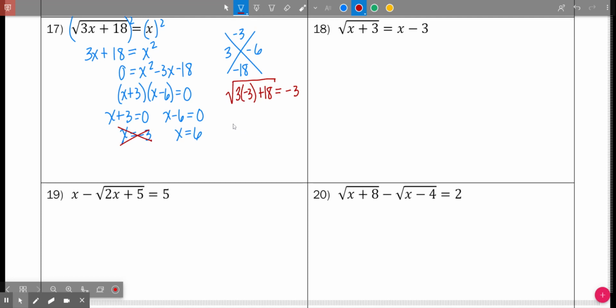And when we check the second one, we have the square root of 3 times 6 plus 18 equals 6. So a square root equal to a positive, that's possible. 3 times 6 gives me 18, and 18 and 18 gives me 36. And the square root of 36 is 6. So my only possible solution is x equals 6.